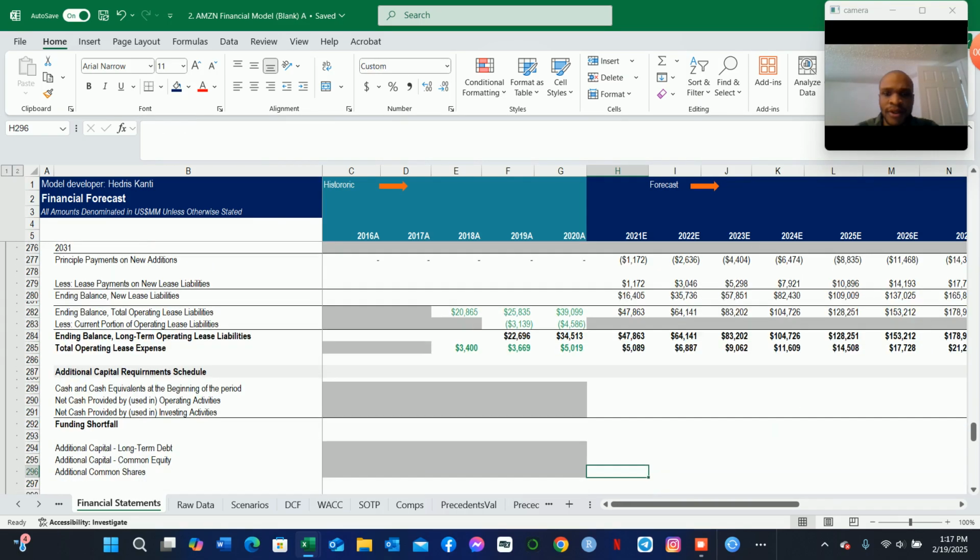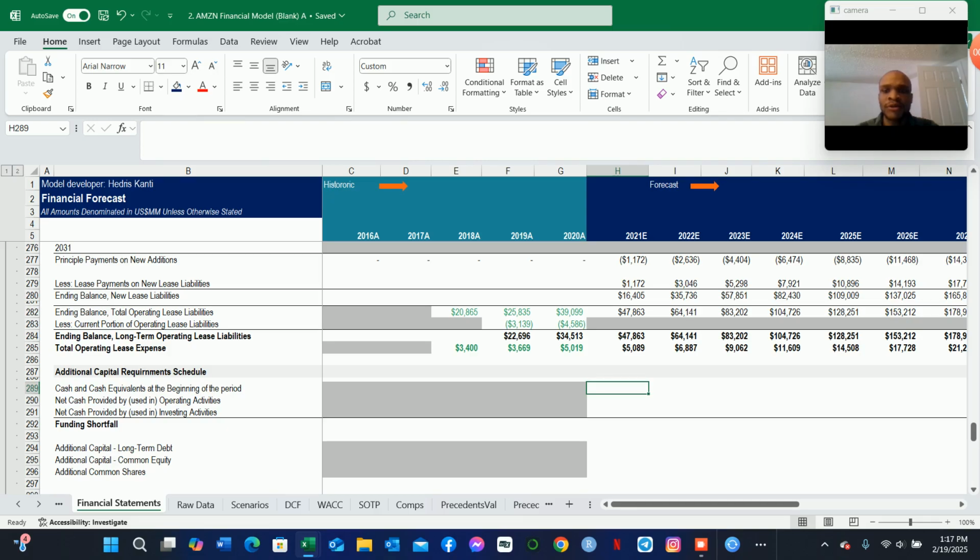In this case, we're going to go back all the way down to our debt schedule. Recall that we had this section for additional capital requirements. We had a separate schedule for that. And here we have the cash and cash equivalents at the beginning of the period. And then we will add to that the net cash provided or used in operating activities, and also we will deduct any cash that was used in investing activities.